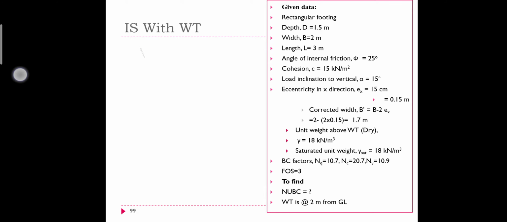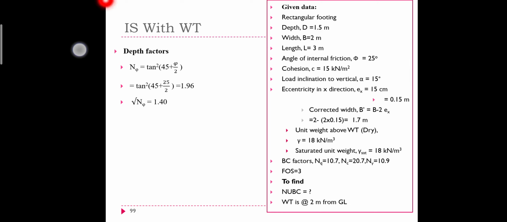Next are the depth factors Dc, Dq, D gamma. For that we need a value called N phi. The formula is tan square (45 plus phi by 2). In most problems we need the square root of N phi, which is 1.40. First find N phi and take the square root.